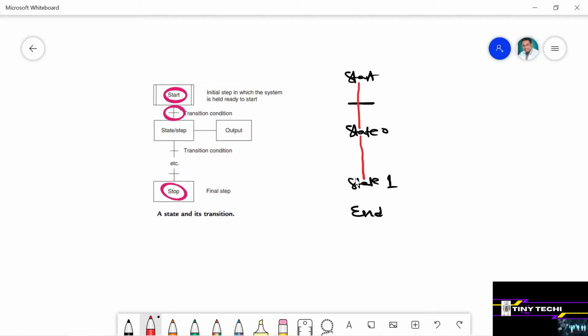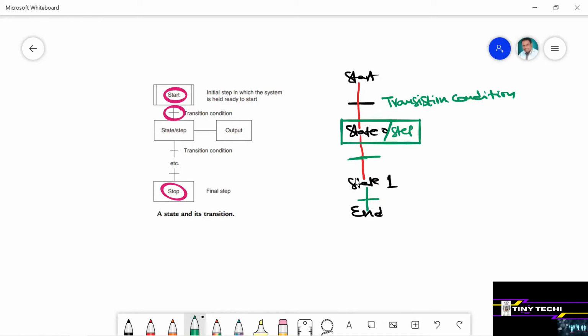Each connecting line between the states has a horizontal bar. This is the horizontal bar which is discussed here. The green color represents the horizontal bar. From state 1 to end, it also has a horizontal bar. This horizontal bar is called a transition condition. Coming to state 0, a state is also called a step. Whenever the state occurs, there is a respective output.